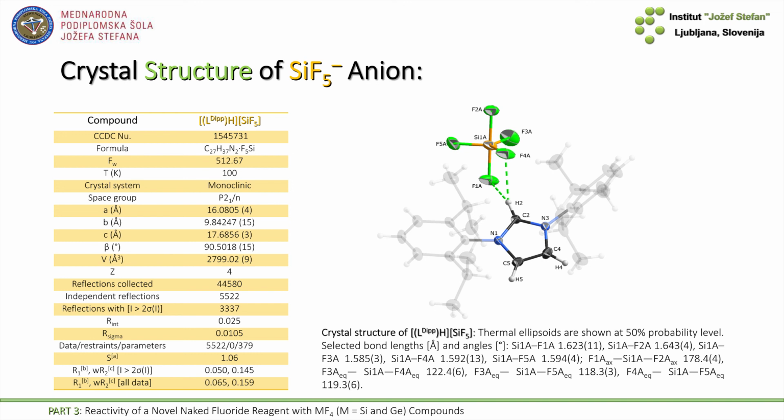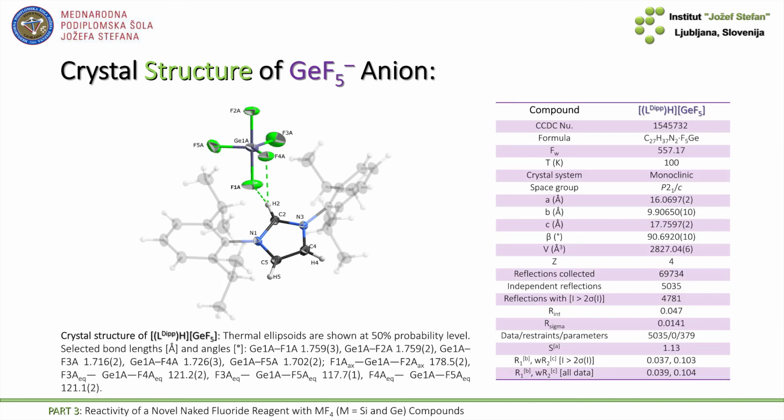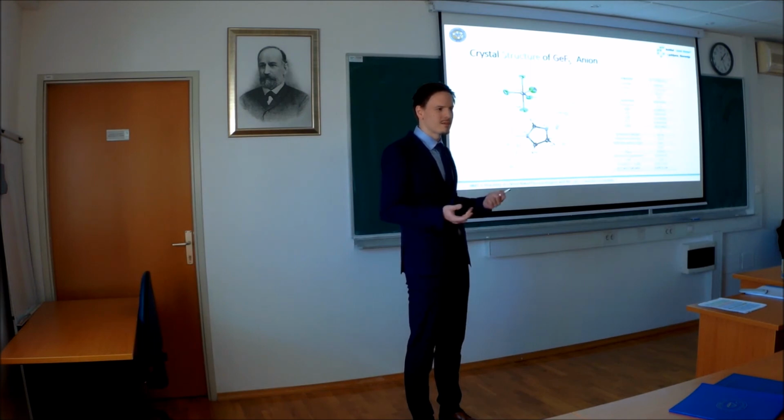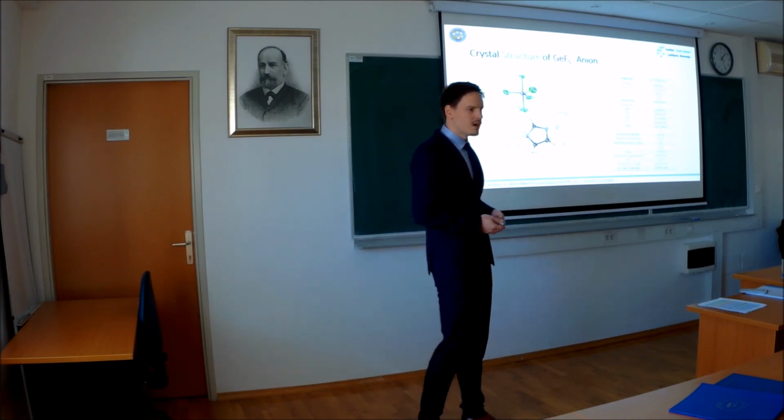This is pentafluoridosilicate anion. This one is not as interesting because there are about a dozen such structural motifs reported in the literature. However, this is the first example of structural characterization of pentafluoridogermanate anion. And I would like to spend the last minutes to talk about the surprising fact that we managed to stabilize and crystallize this product.